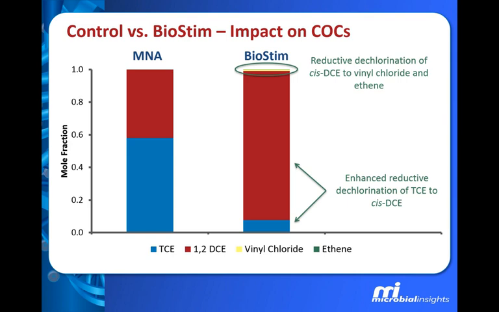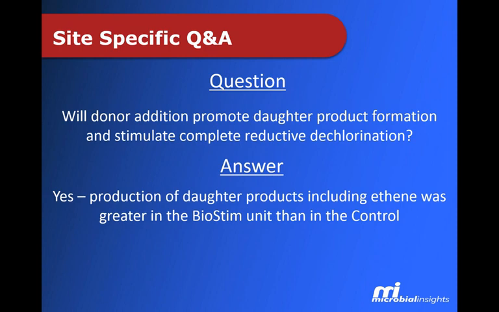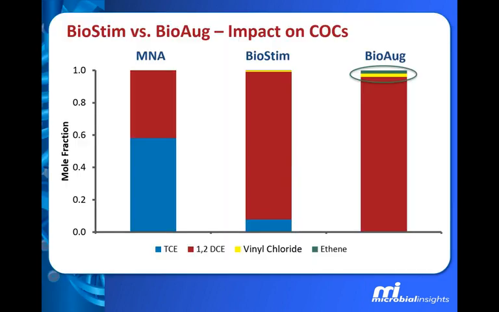Now, in the biostimulation unit, one of the things that we see is that there has been a very significant decrease in the concentration of TCE, and a lot more of the TCE has been converted to DCE. But we're also picking up traces now of vinyl chloride and ethene. So remember, one of those questions was, will the donor addition promote daughter product formation and stimulate complete reductive dechlorination? The answer seems to be yes.